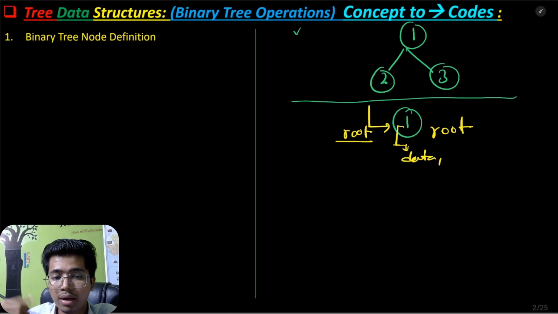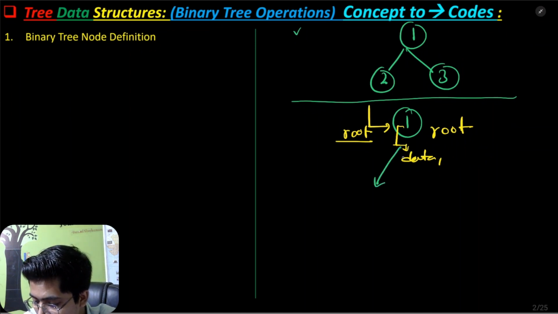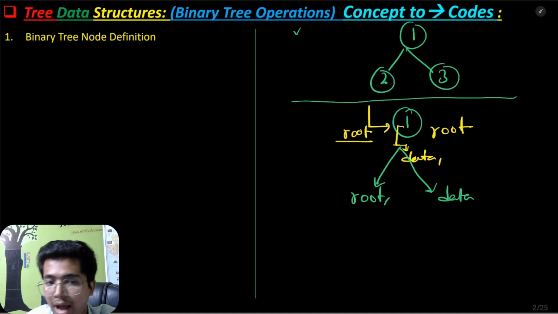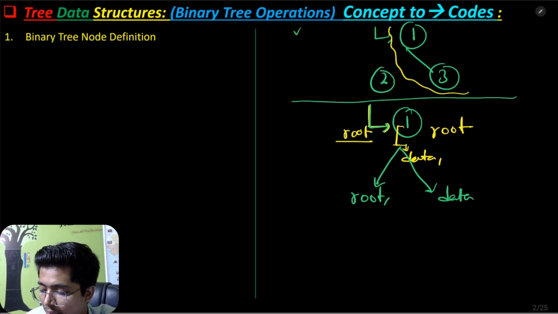So to create a class, to create a function, we need two important things. First we require a root, and then we require a data part. That means we have to create a function that will contain two things most importantly. One, root, what will point it, because if you don't point anything, it will not become a node. If we just remove this one like this, there is no pointer, so this tree consists of only those 1 and 3.